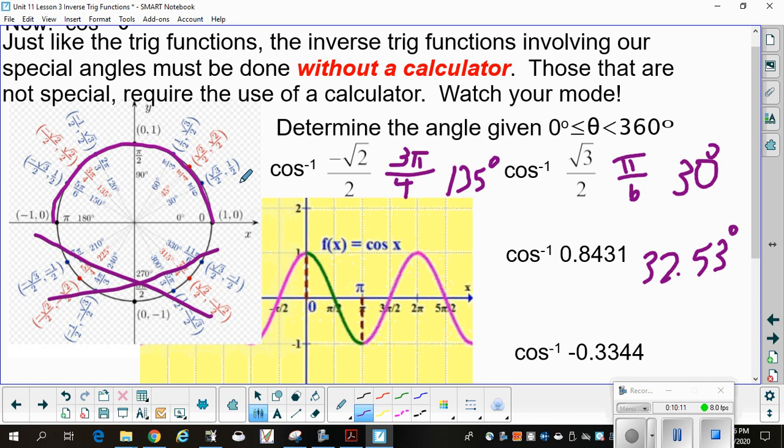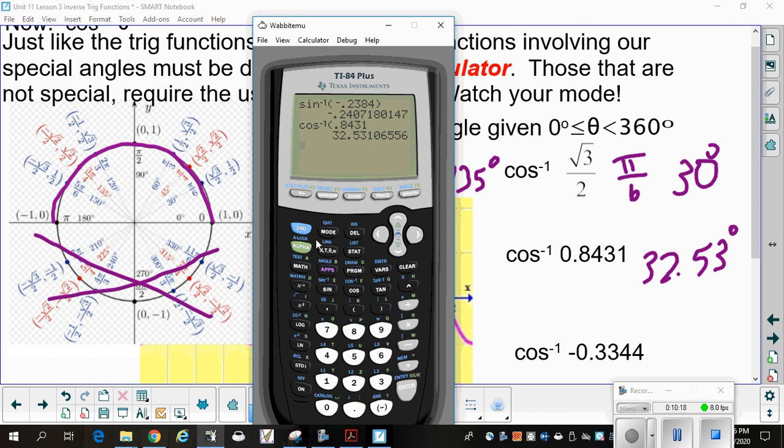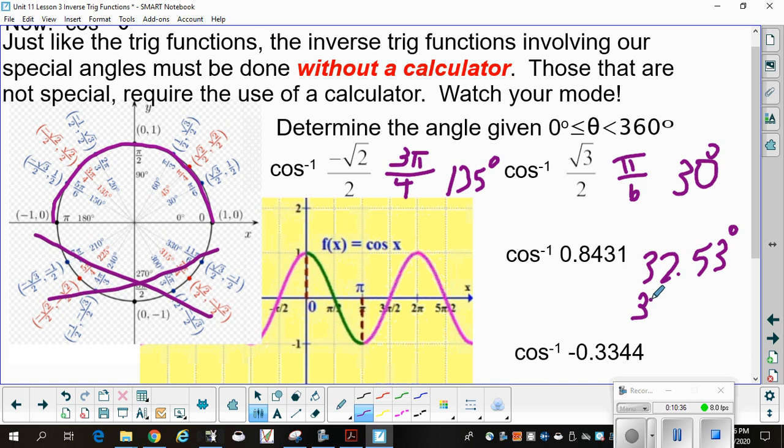Notice it's positive because it's a first quadrant angle. If I go to second cosine of negative 0.3344, I'm going to get 109.53. This one I'm going to make 33 degrees, and this one 110 degrees. Round it to the nearest degree.